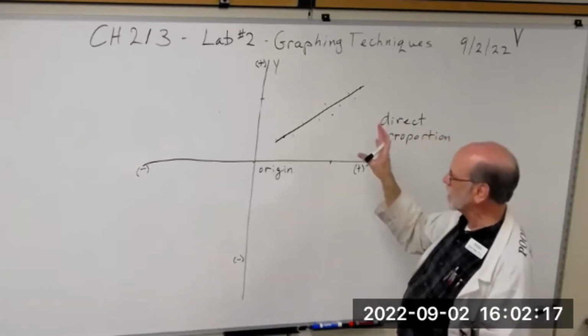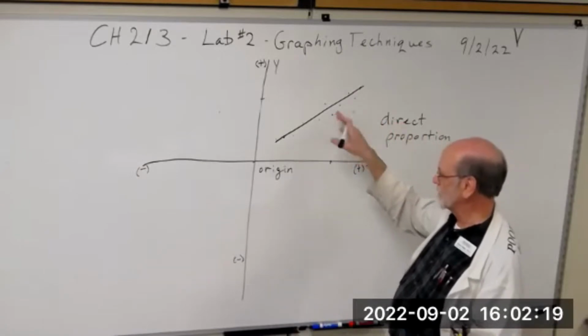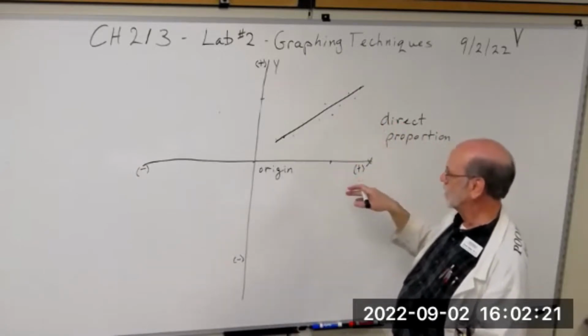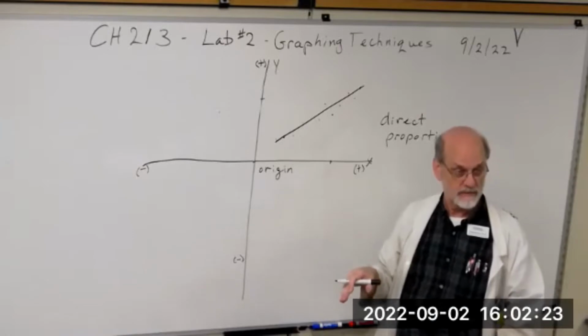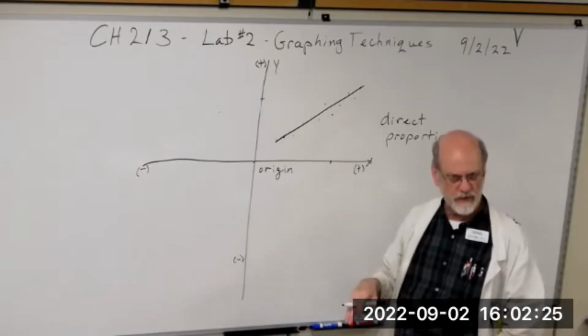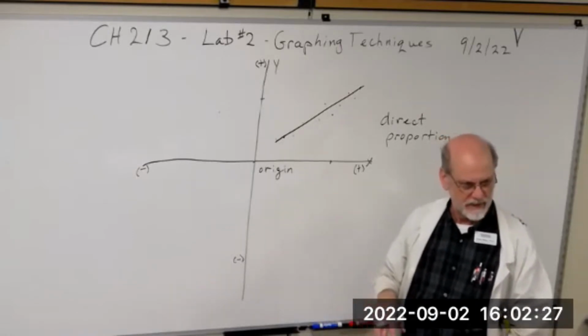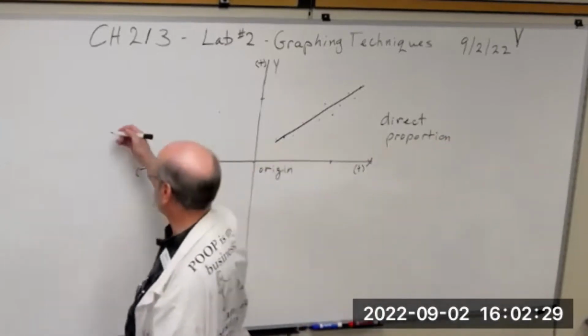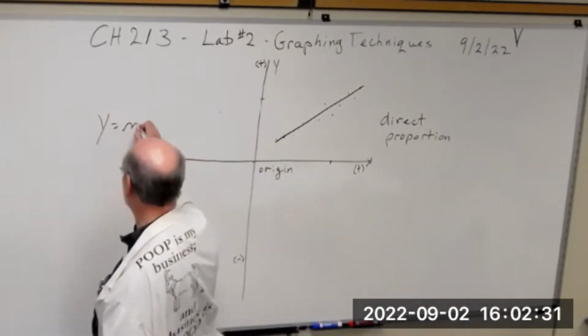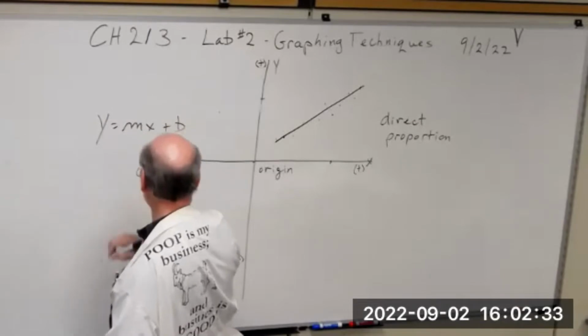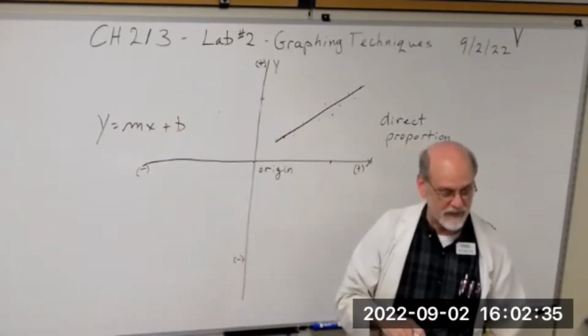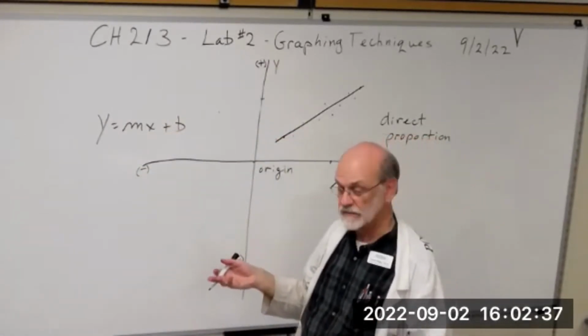So how do we represent this line in mathematical terms? Straight lines are good. They're very well behaved. Remember this formula? Okay. That's the formula for a straight line.